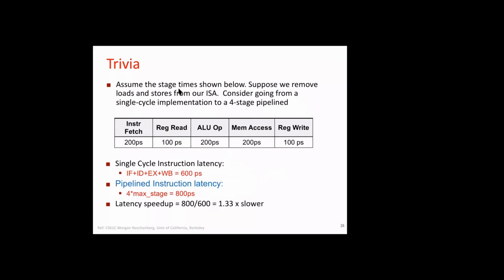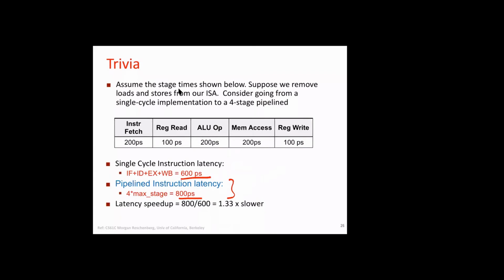Similarly, total latency, meaning how much time each instruction is going to take, is 600 picoseconds in the single cycle case. Now this is checking the difference in latency because of the pipeline. Latency in the pipeline for an individual instruction will go up to 800 picoseconds, because 200 is the maximum time any stage takes, and each stage has to take 200 picoseconds.